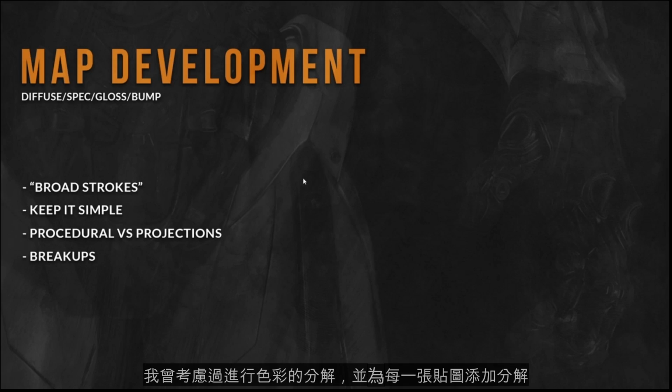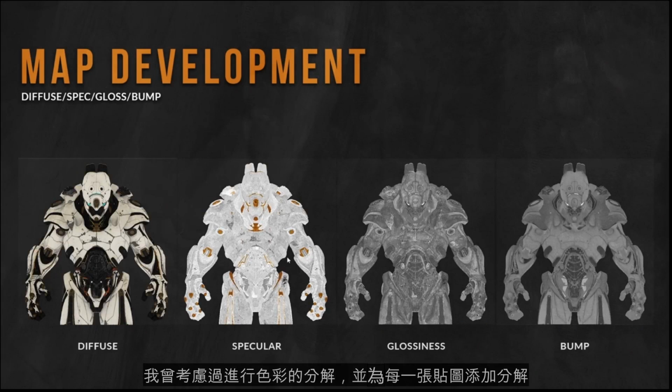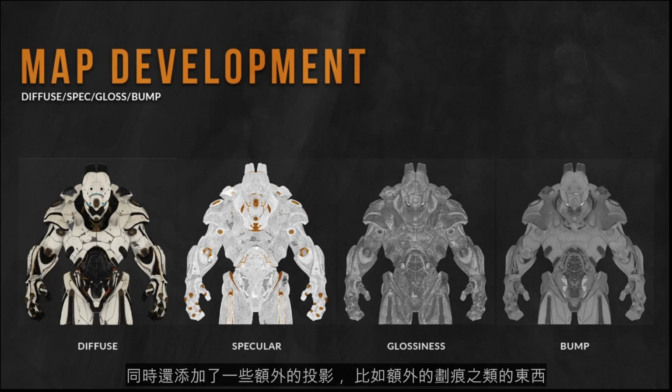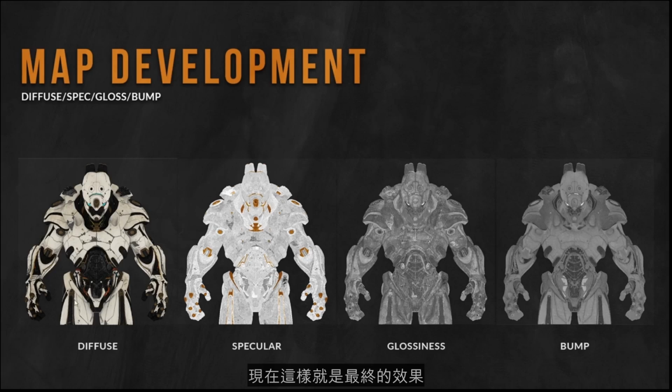I added color breakup to every single map so it doesn't look flat, and added some extra projections, some extra scratches and things like that. This is how they look in the end: diffuse, spec, glossiness, and bump.